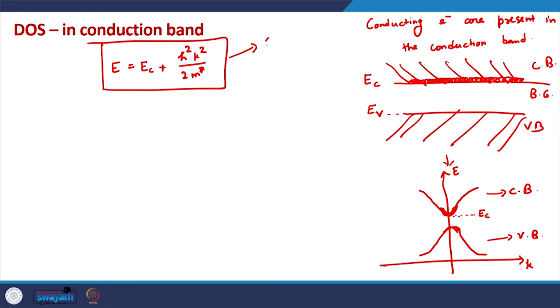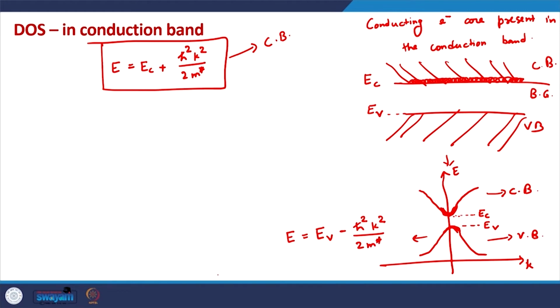In devices, generally this is the EK relationship that we will use for electrons in the conduction band. Similarly, in the valence band, if this energy level is EV, the EK relationship would look like E equals EV minus h bar square k square divided by 2m star.